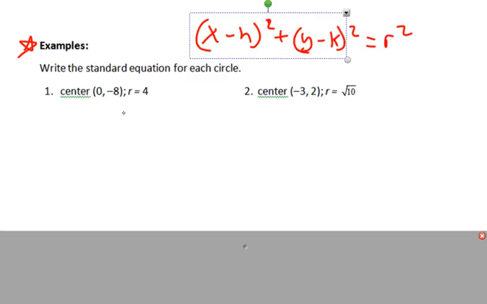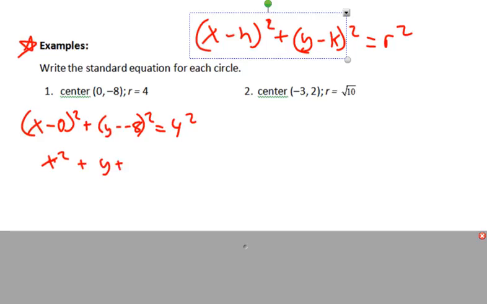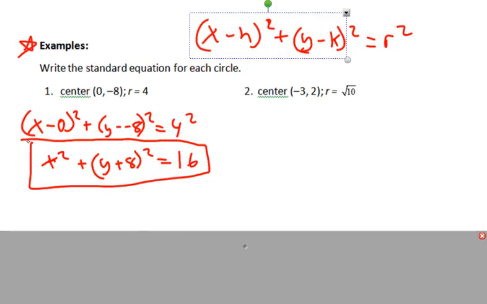If we plug in the center as (0, negative 8), we get (x minus 0) squared plus (y minus negative 8) squared equals 4 squared. To simplify a little, that would be x squared plus (y plus 8) squared equals 16. That's as simplified as we're going to go, because that tells us all we need for that circle. You can take it and graph it, because you'll have the center point and the radius, and you can go from there.